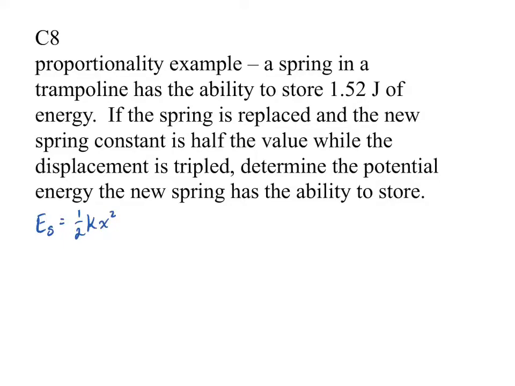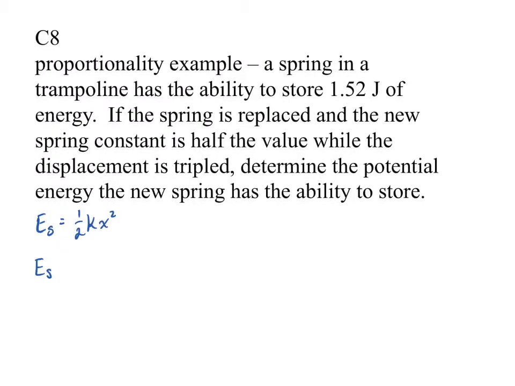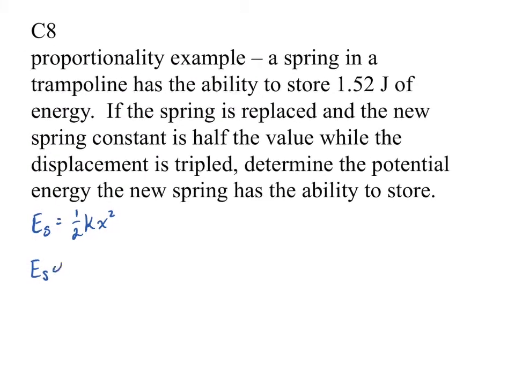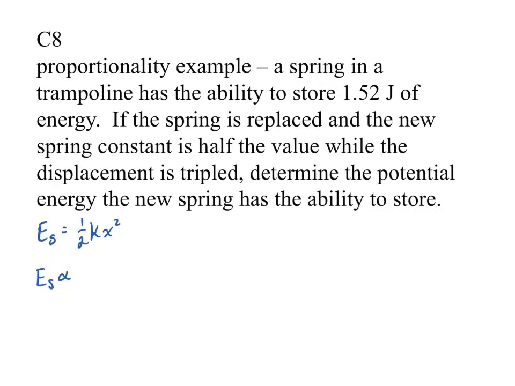Okay, so if I want to know proportionality, I ignore everything else except for what I'm looking at the proportionality with. So the 1/2 is not changing and it has nothing to do with the proportionality, so I'm going to completely ignore it. So I know spring potential energy is directly proportional to k, but I also care about x because I know spring constant is half, displacement is tripled.